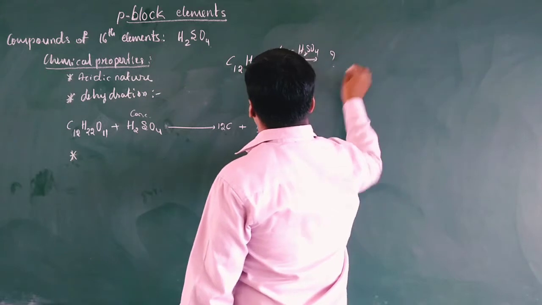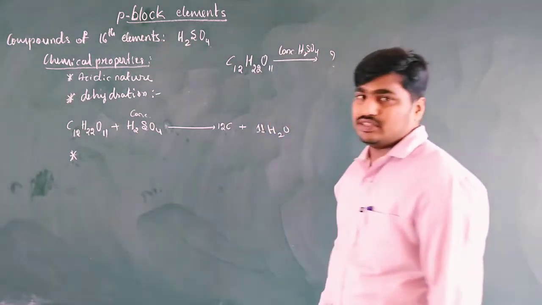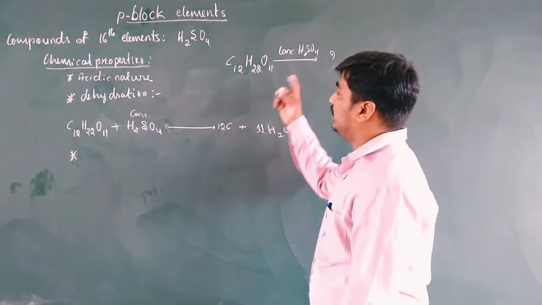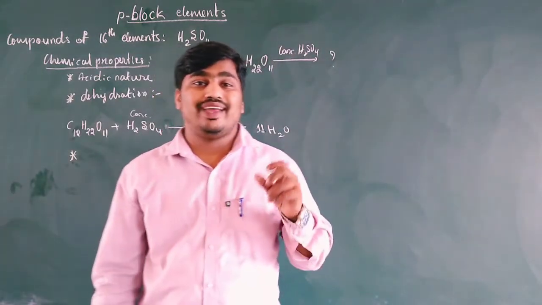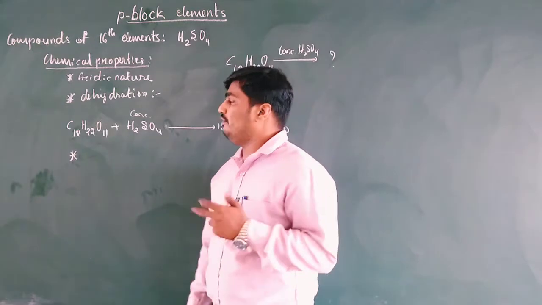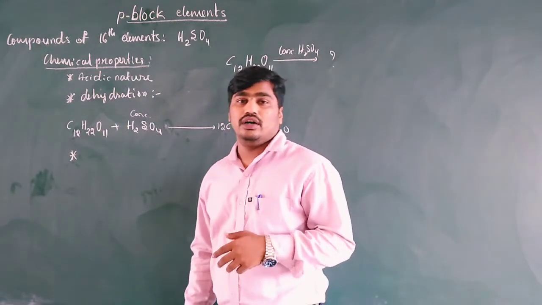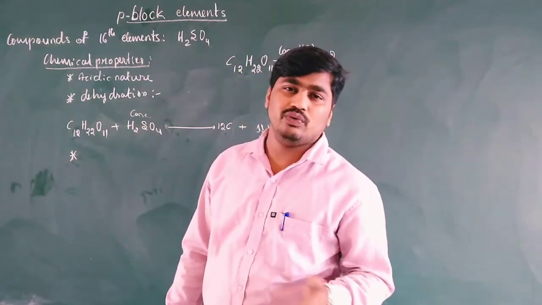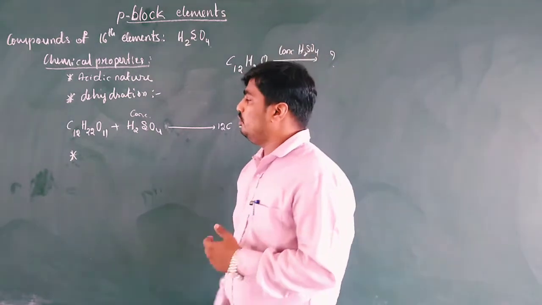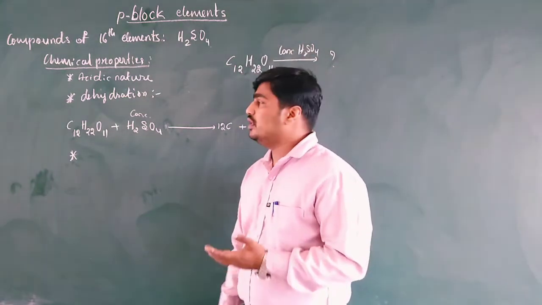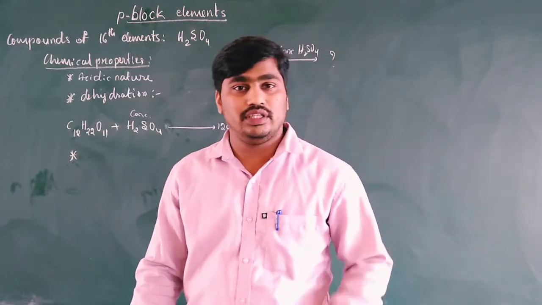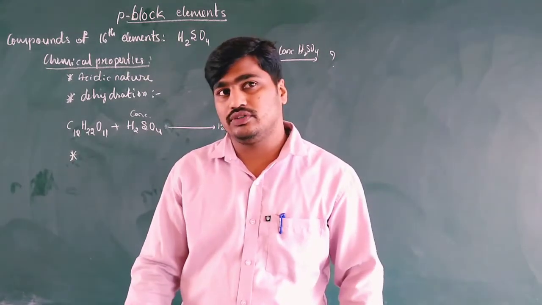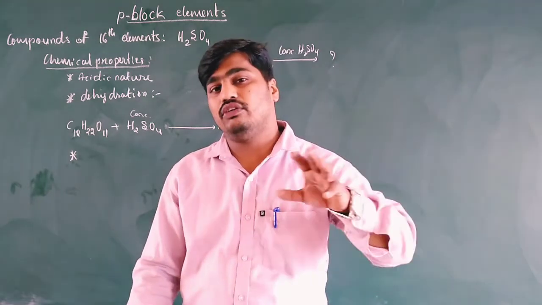So what are the products formed? This is one possibility. The next is, give the example or give the evidence for the dehydration property of sulfuric acid. Give one reaction or one chemical equation. And another possibility, represent the charring of sucrose or represent the charring of glucose.